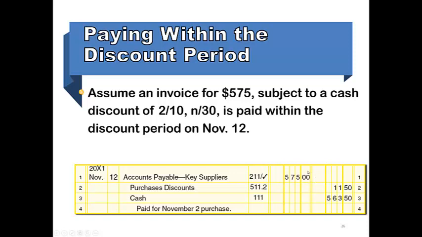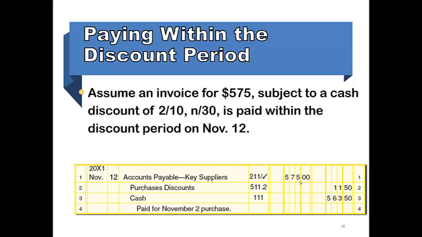We debited purchases and credited accounts payable for $575. We need to clear the full $575 out of accounts payable because we are totally satisfying that account. So we need to offset the full $575 that we put in there earlier that we owed.